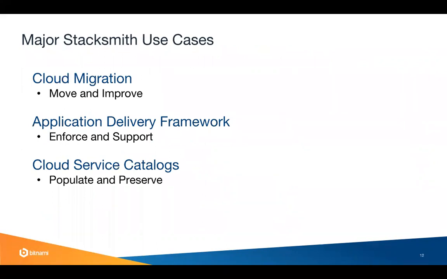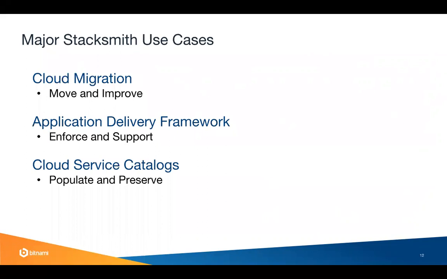The application delivery and maintenance framework use case means that operations can enforce best practices, things like tag policy control, network topology, what types of applications are deployable in what regions and subscriptions. And it ensures that they can support those applications long-term by enforcing the addition of critical operations tools, things like monitoring agents or intrusion detection tools.